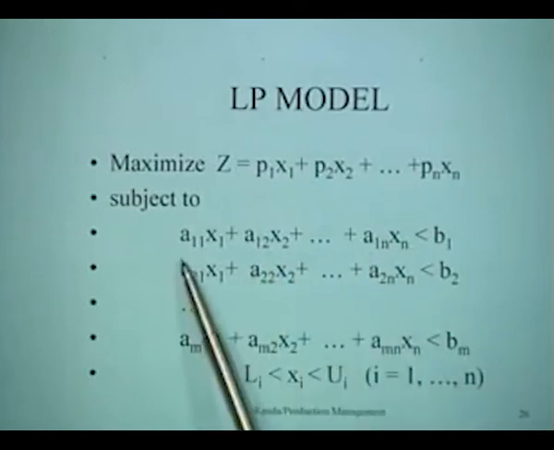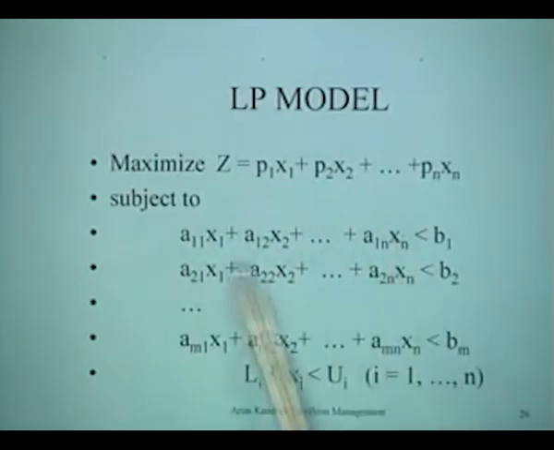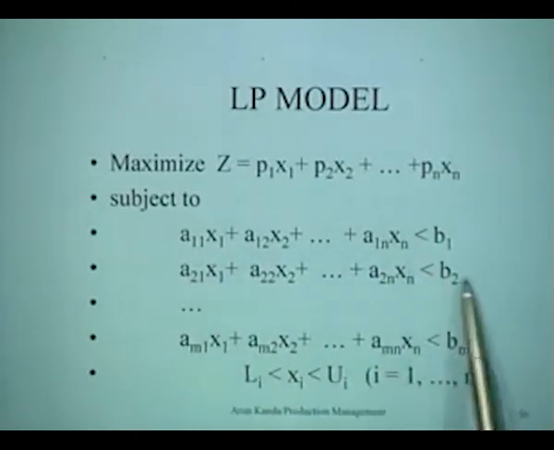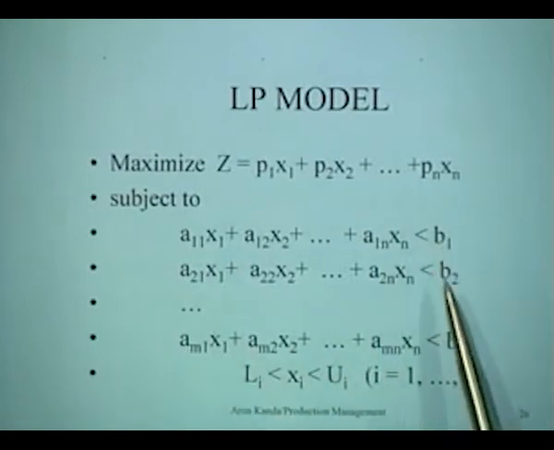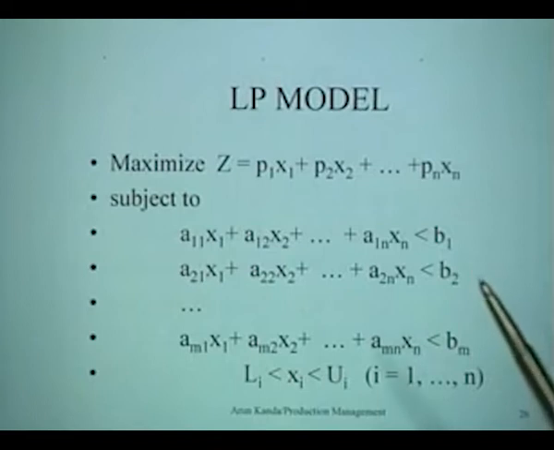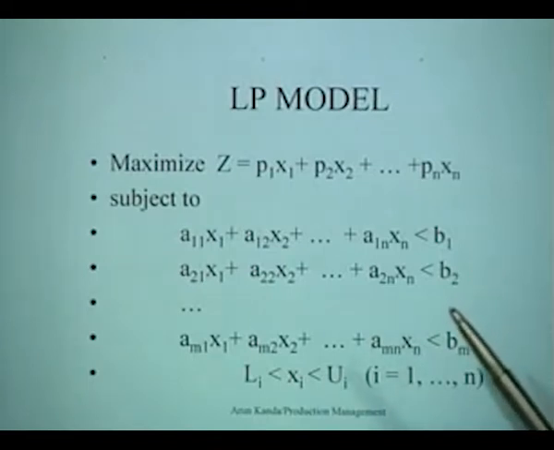So, this would be then the consumption in terms of labor hours. So, all that we are saying is total labor hours less than this. So, this could be the consumption of money, this could be consumption of space and so on. So, whatever the resources you have, the m resources, it is a generalized model for a product mix, and it is a model which can be very useful to handle the LP problem.